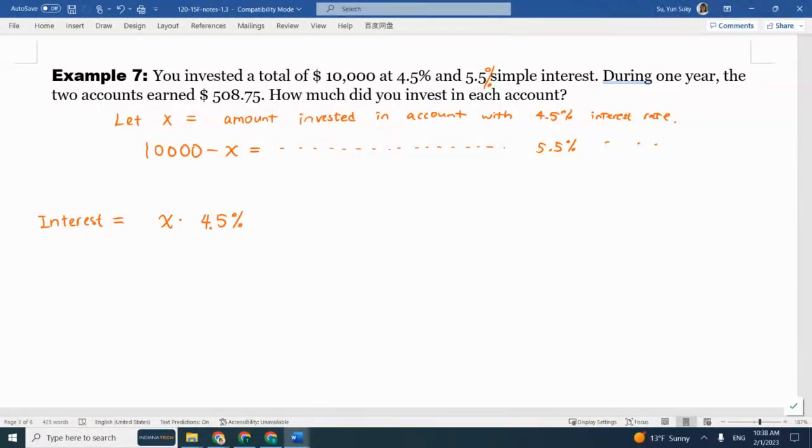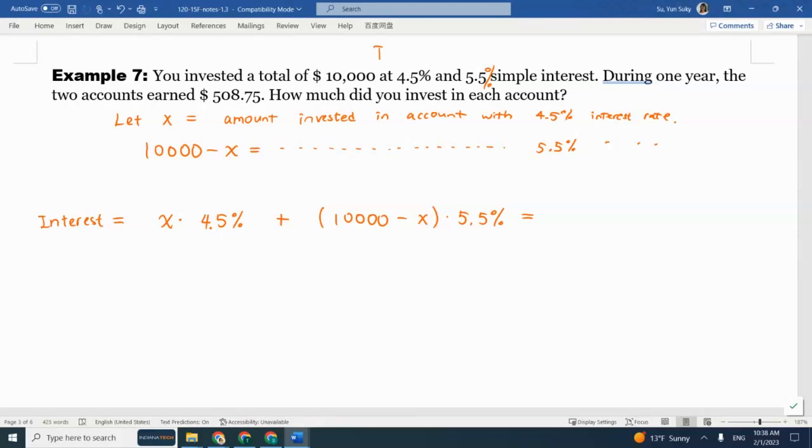Okay, this is the first account. And because we're doing 1 year, you multiply by 1 year, then it's like nothing, right? If you're doing 2 years, then you have to multiply by 2. Plus the other account, the principal is 10,000 minus x. And the interest rate is 5.5%.